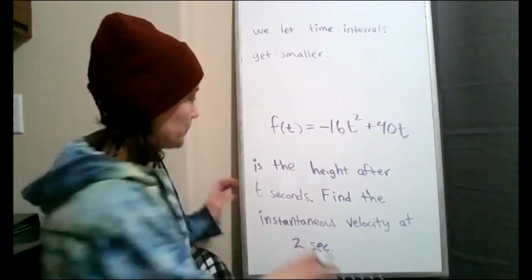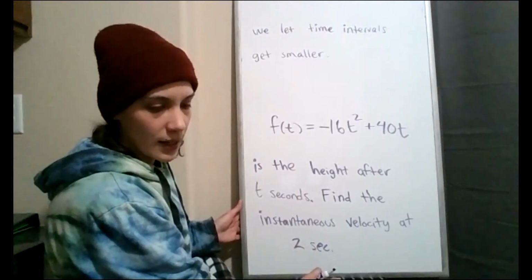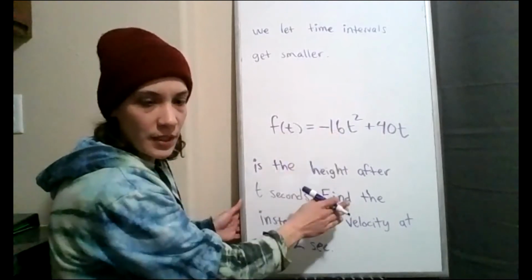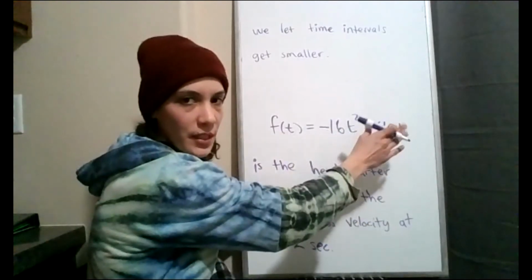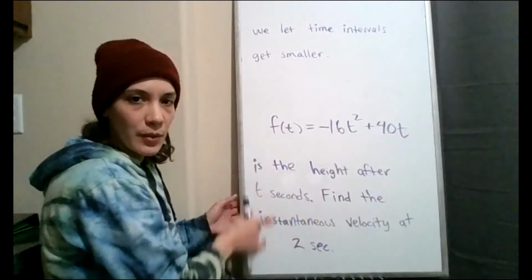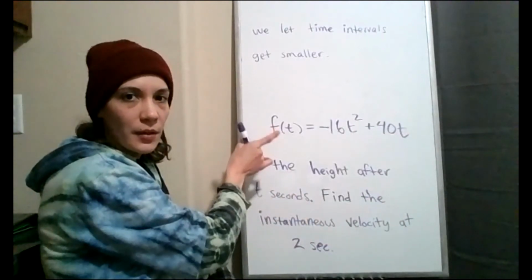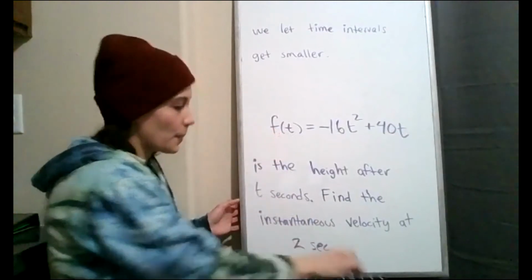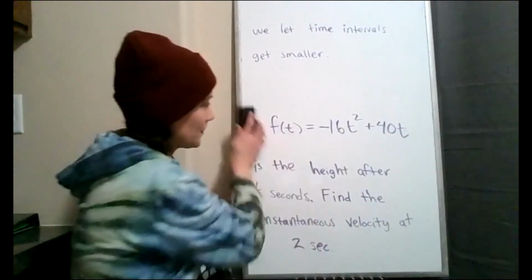I have a space for inputs and space for outputs, and then the space for the slopes or average velocities. But I'm also going to have a side where we have the lengths of the intervals. So a lot of scratch work.